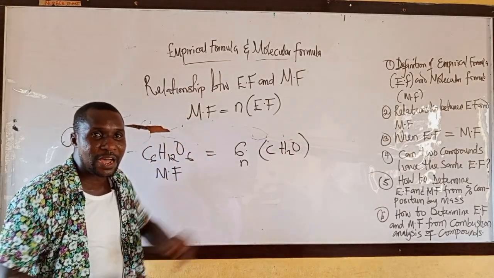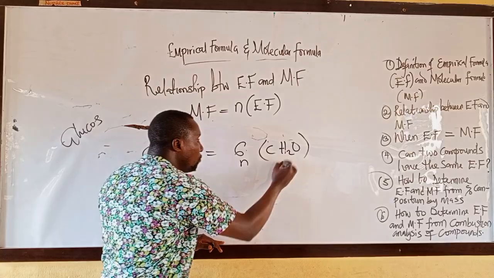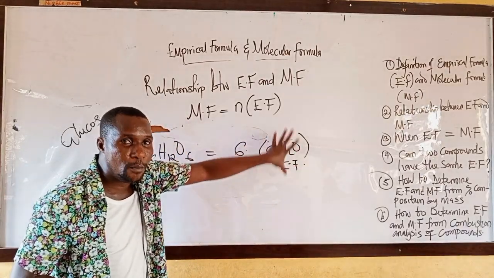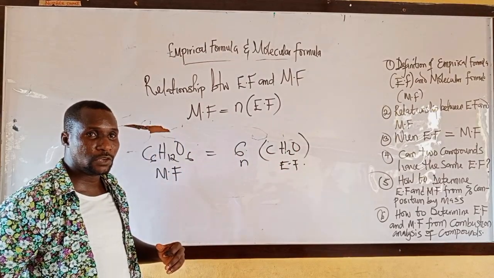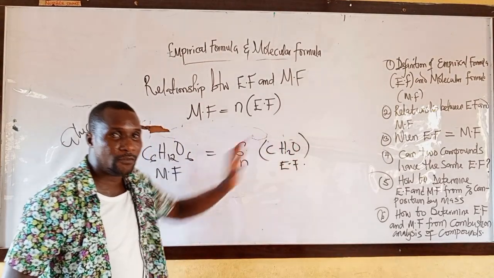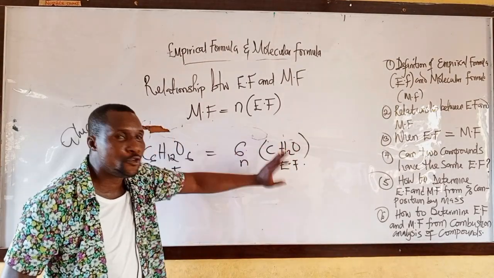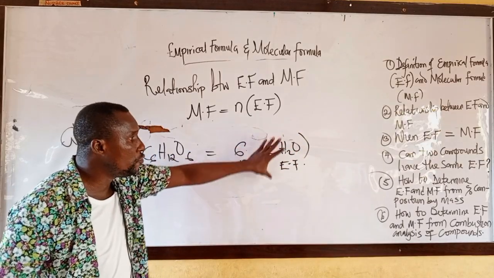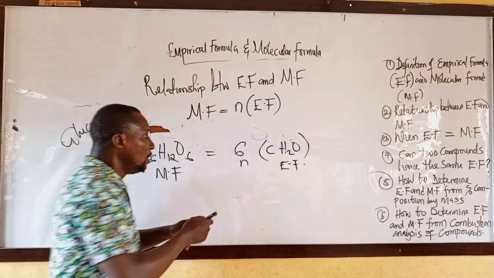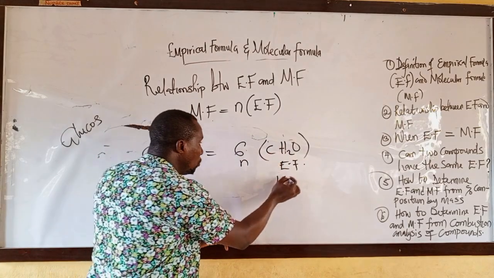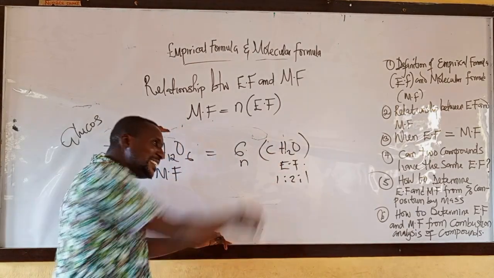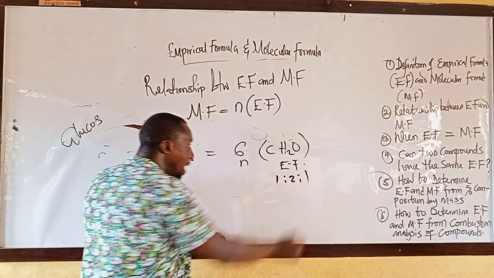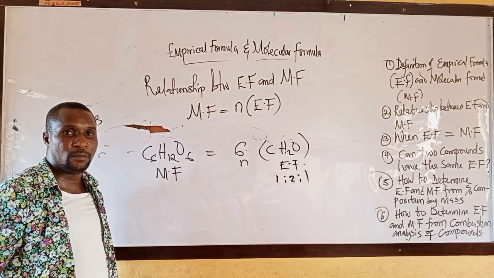This is the empirical formula of glucose. Take note of that. This is the simplest whole number ratio of carbon, hydrogen and oxygen in glucose, 1:2:1, which is the empirical formula.